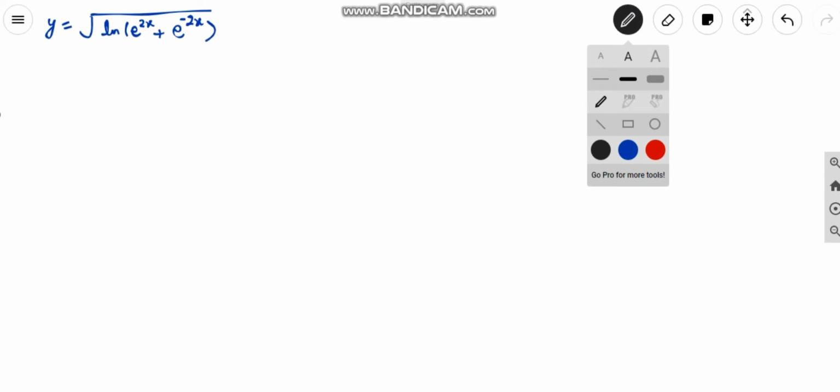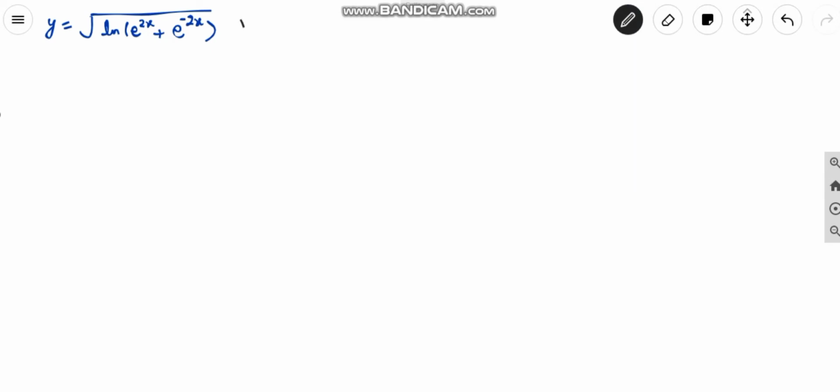So the third most important question from the past paper is y equals square root of natural log of (e^2x + e^−2x). Let's write it in a simpler form: (ln(e^2x + e^−2x)) to the power 1/2. As you can see, we will first apply the power rule. So let's differentiate it with respect to x.